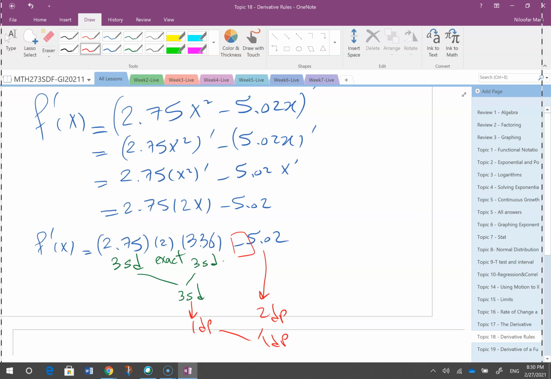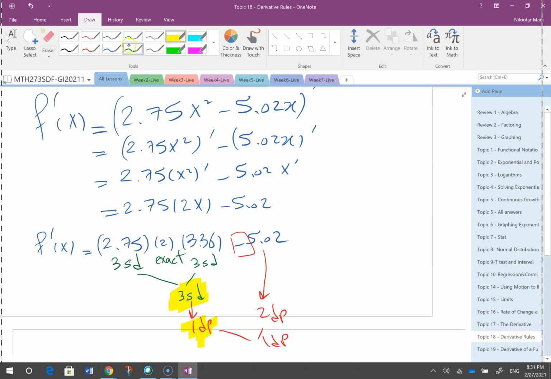In multiplication, I have to round to the least significant digit. Then I want to do subtraction. In subtraction, I round to the least decimal place. How many decimal places do I have here? I use my calculator to see. But remember, you do not round it. No, you use the same number.